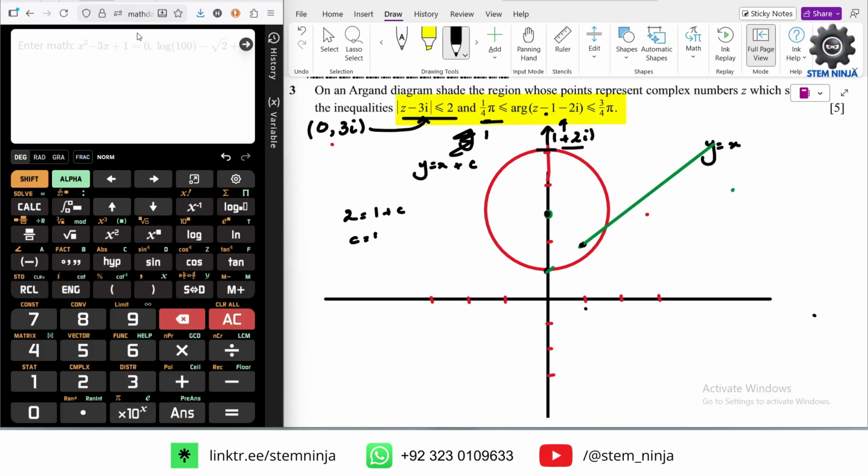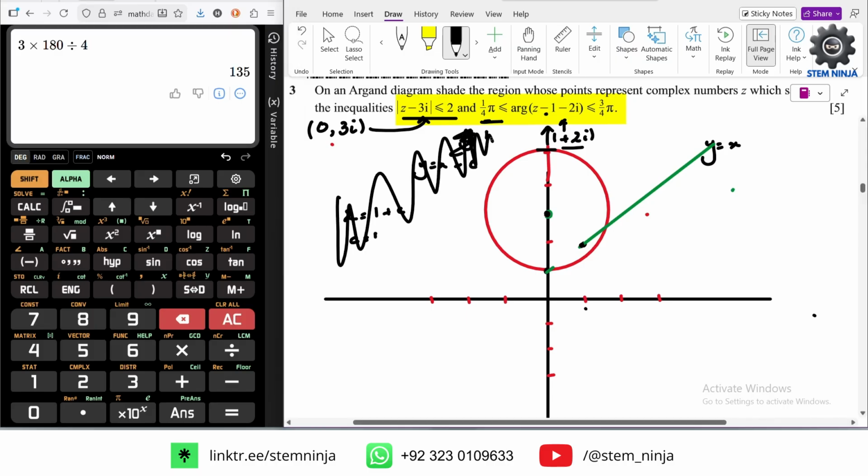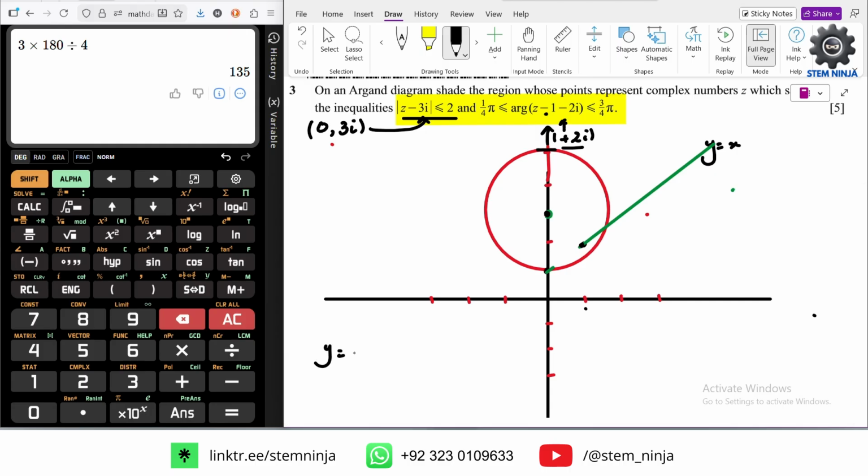So 3 times 180 divided by 4. Oh, sorry, 135. My bad, 135. So we need 45 degrees in the other direction simply, right? So basically you have minus x passing from the same point, right?